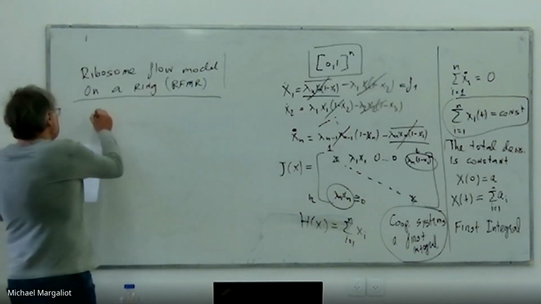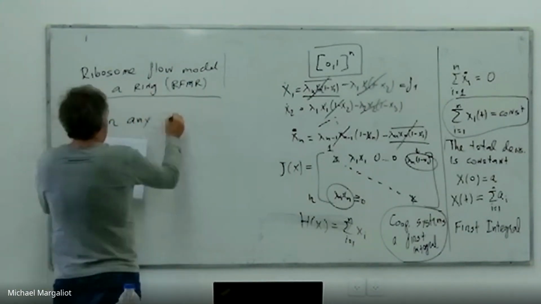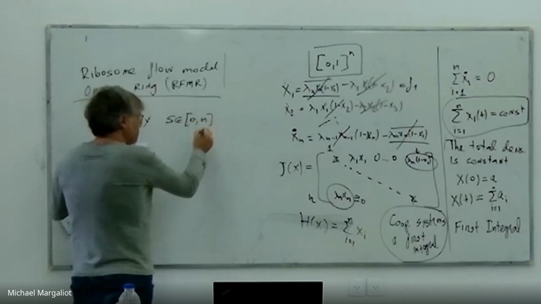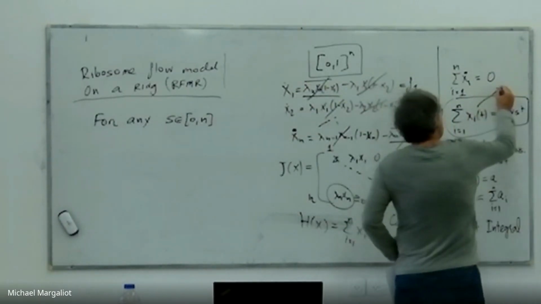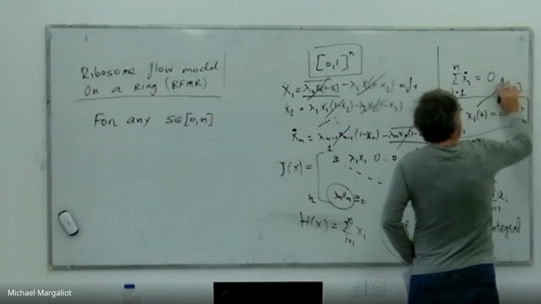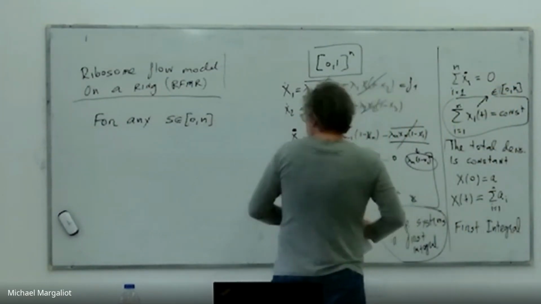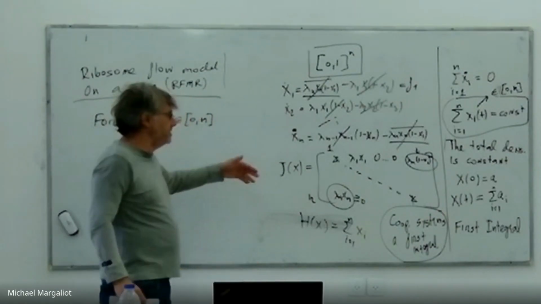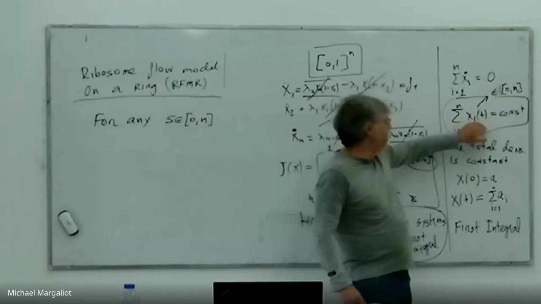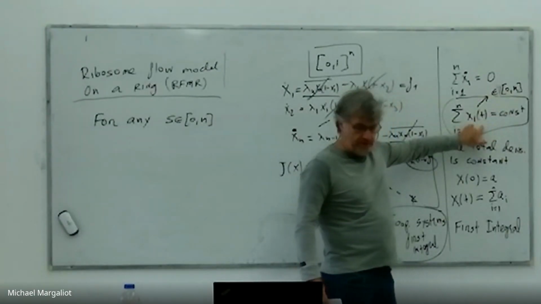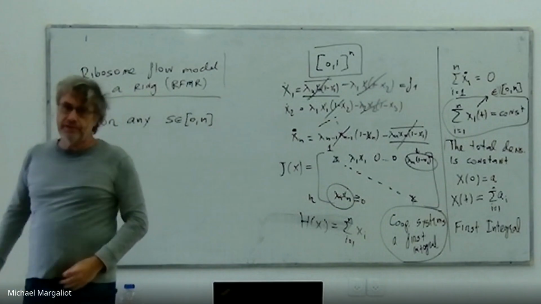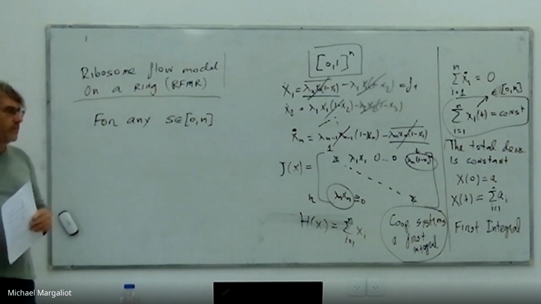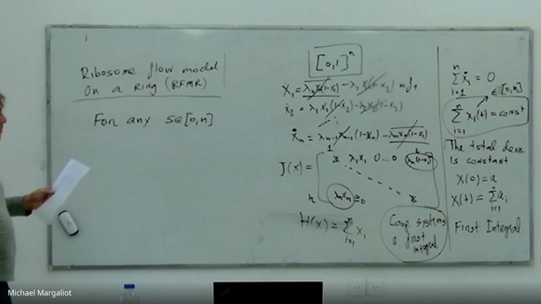Okay. So for any s in [0,n], the total density, this constant, is always between 0 and n, because if we start with 0 density in all the sites, then the total of all the densities is 0. And if we start with all the sites completely full, so there is density 1 in each site, then the total density is n. So the total density is always between 0 and n.